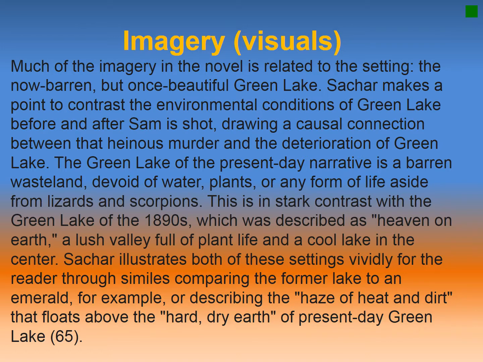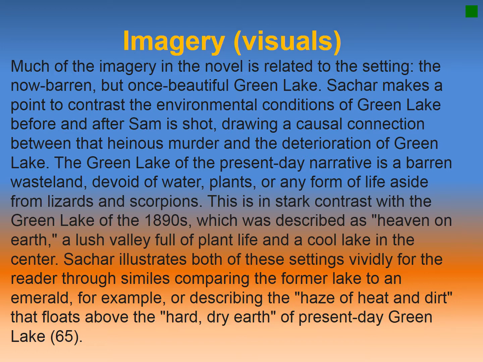Imagery, the visuals. Now here's my stuff, the artistry. Much of the imagery in the novel is related to the setting: the now barren, once beautiful Camp Green Lake. Sachar makes a point to contrast the environmental conditions of Camp Green Lake before and after Sam is shot. They draw a connection between the heinous murder and the deterioration of Camp Green Lake.